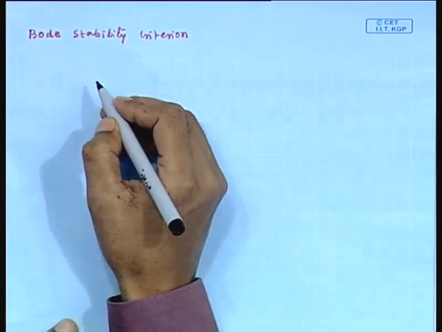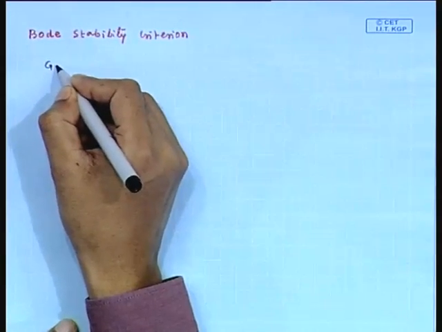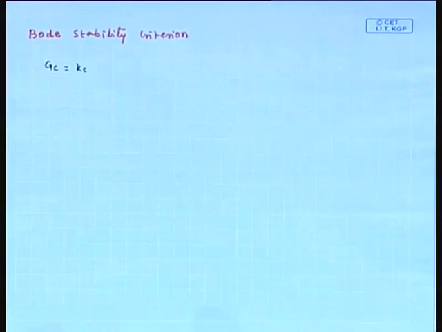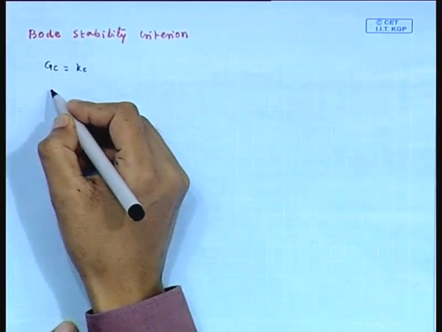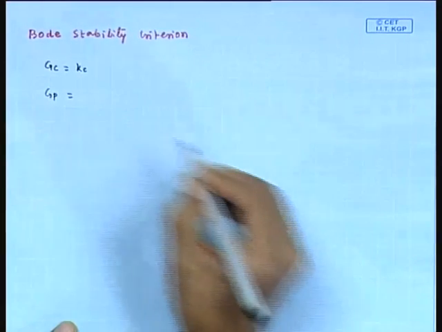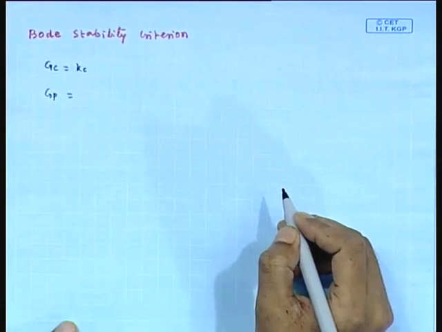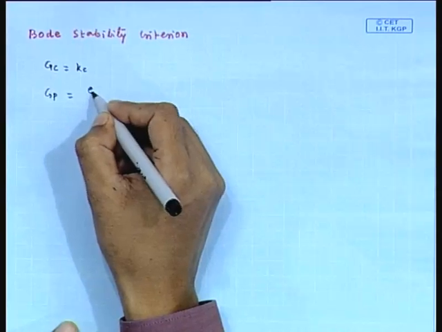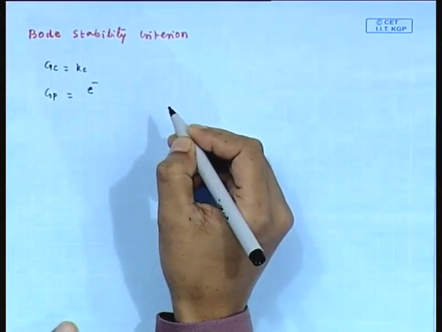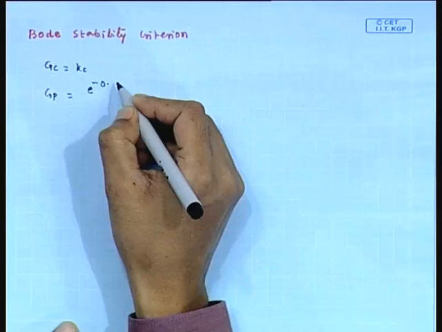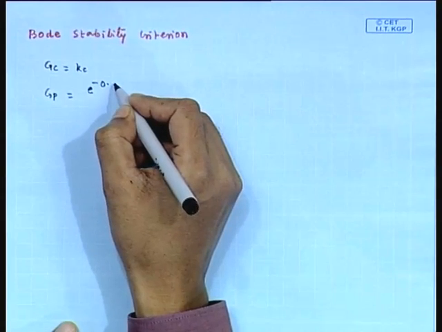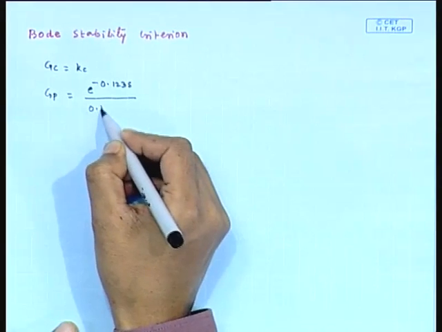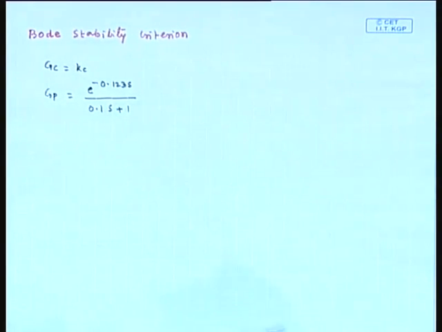We considered a P only controller having transfer function K C. We considered the first order plus dead time system for the process, and the transfer function is exponential of minus 0.123 s divided by 0.1 s plus 1.